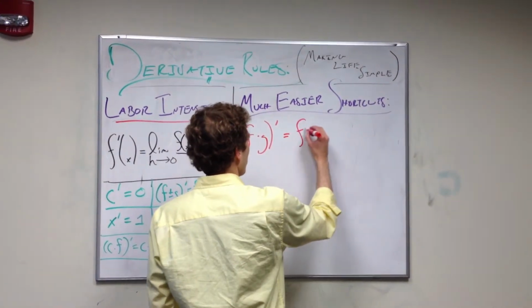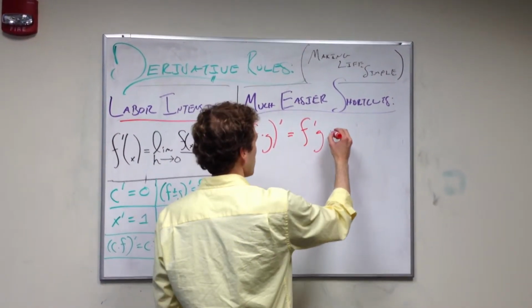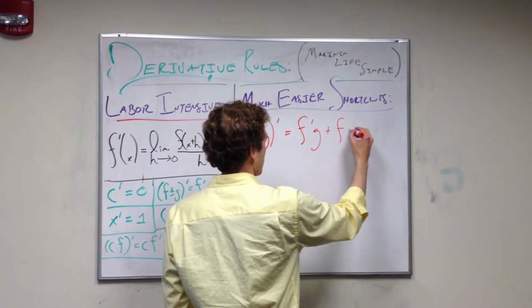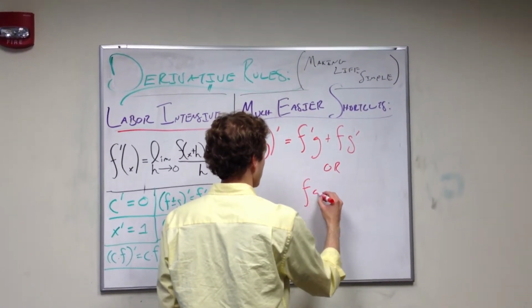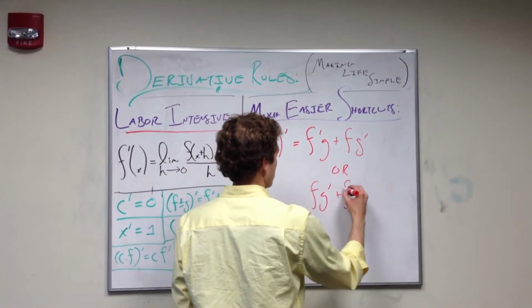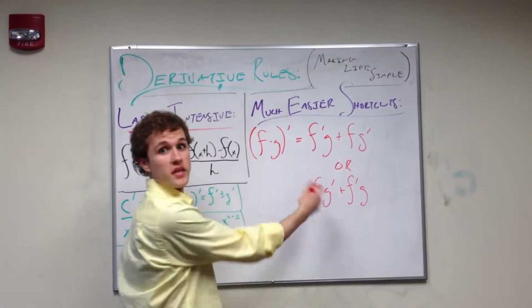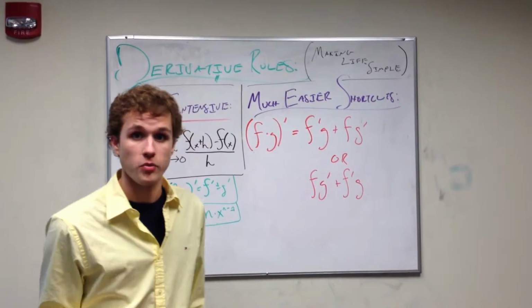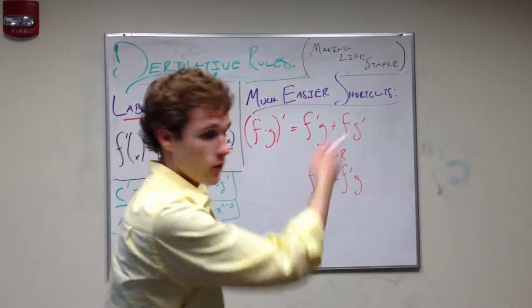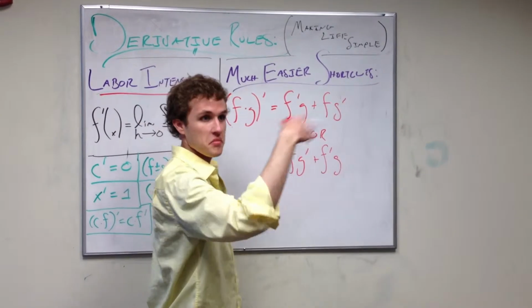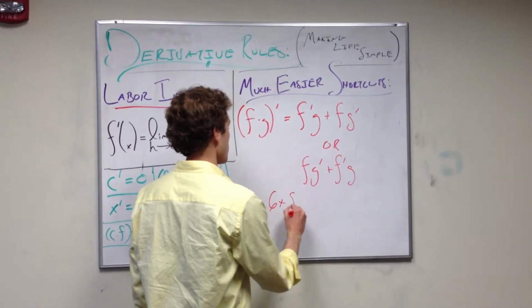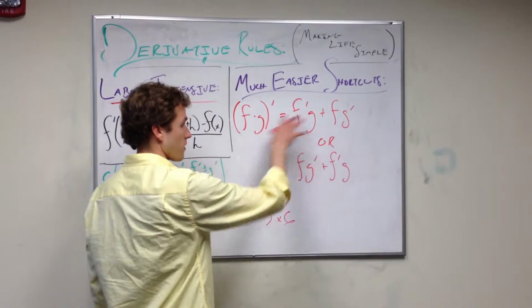We can say f prime times g plus f times g prime, or we can say f times g prime plus f prime times g. These mean the exact same thing. This is just the commutative property of addition. It doesn't matter what order we put things in, because with addition and multiplication, it doesn't matter. 6 times 5 is the same thing as 5 times 6. So that's why this works.